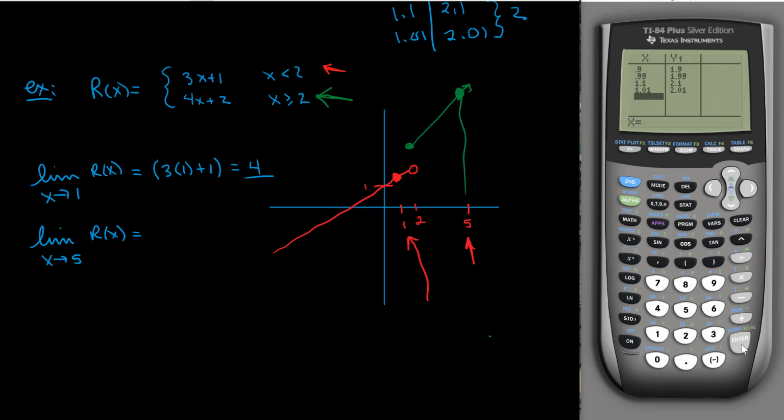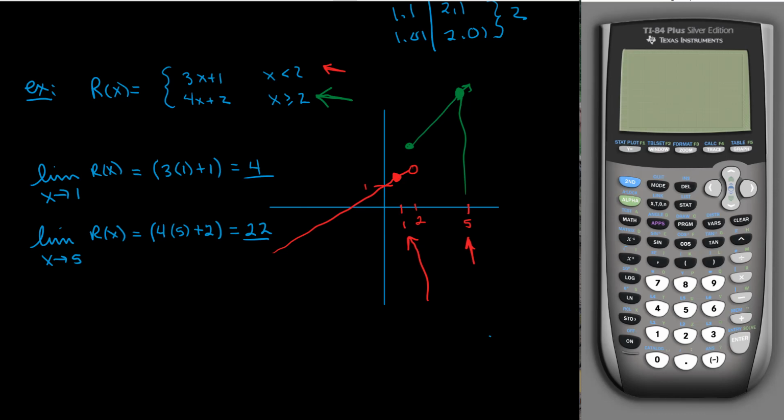Around that point, the function is continuous. Just as we did with the limit we evaluated a few moments ago, we can evaluate this limit using the function that is appropriately defined for that range of x value. Just plug the numbers in because it's continuous, and what this will give us is 22.